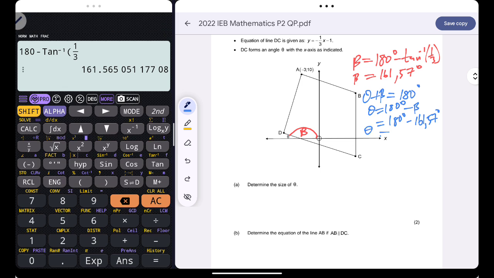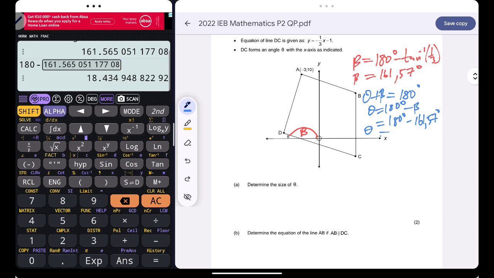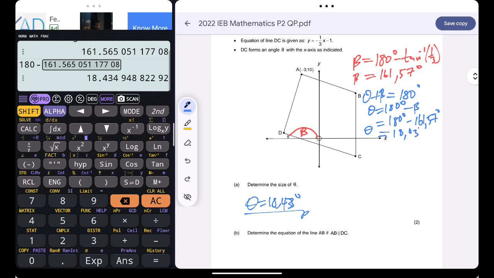So it simply means that theta is 180 minus the answer we got, then we'll get 18.43 degrees. So theta is just 18.43 degrees.